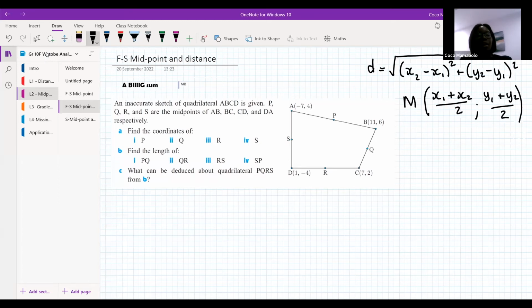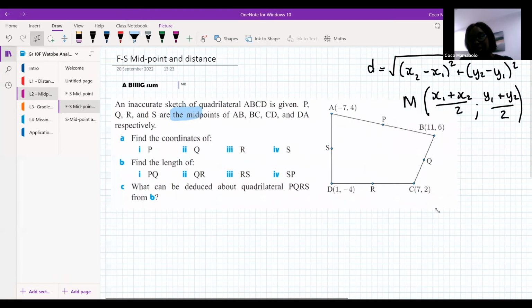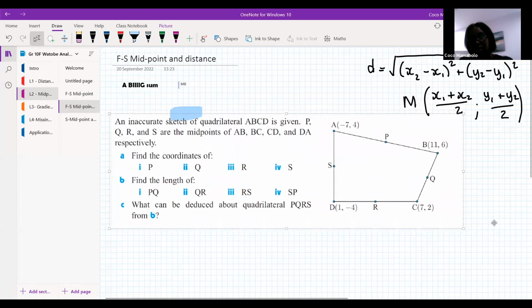Okay. Now, our question says, an inaccurate sketch of a quadrilateral ABCD is given. PQRS are the midpoints. So we already know what we're going to have to calculate for. The midpoints of AB, BC, CD, and DA. Dukulo, I have not started the question yet. I'm just explaining at the moment. Okay.